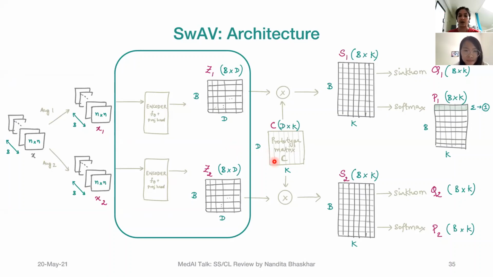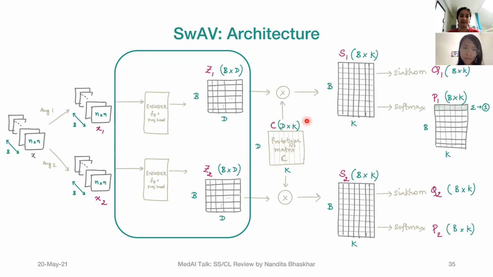It's saying that I will learn a set of k vectors. So this prototype matrix is a learnable matrix, randomly initialized for now, where each of the columns represents the center of each of the clusters.